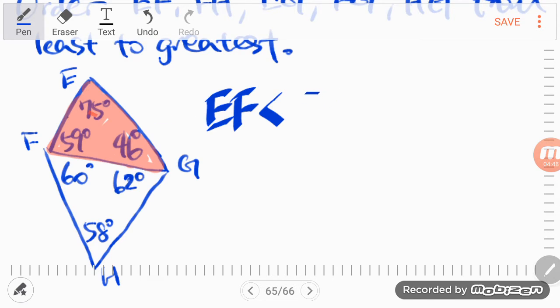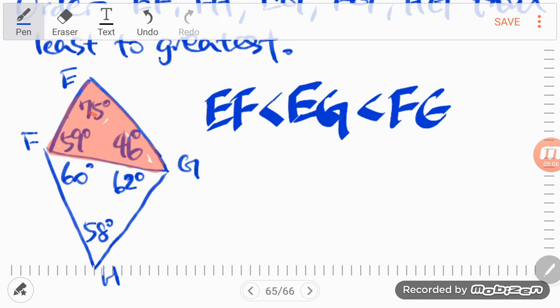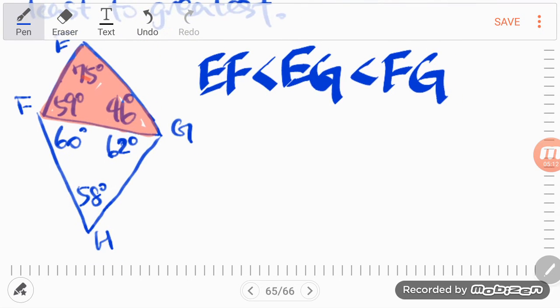The medium angle is 59, so the segment opposite would be EG. And the biggest angle is 75, so the longest would be FG. Okay, so this is the top triangle.